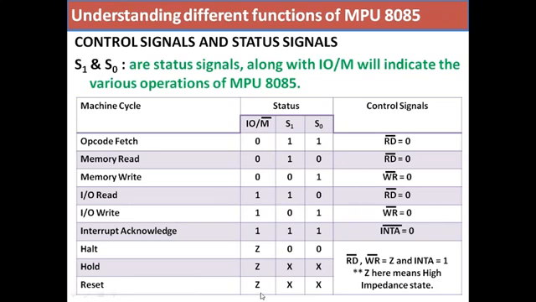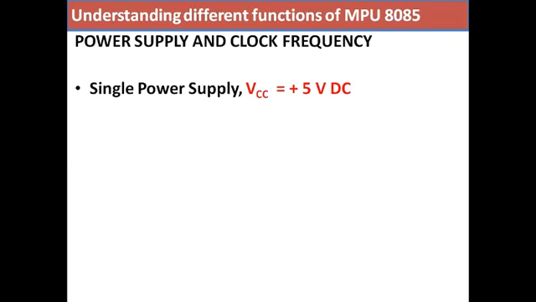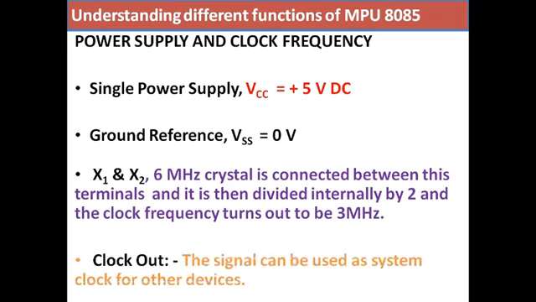During reset, the same thing happens. IO M-bar is in the high impedance state, and these two, whatever they are, doesn't matter, it means it is in the reset state.